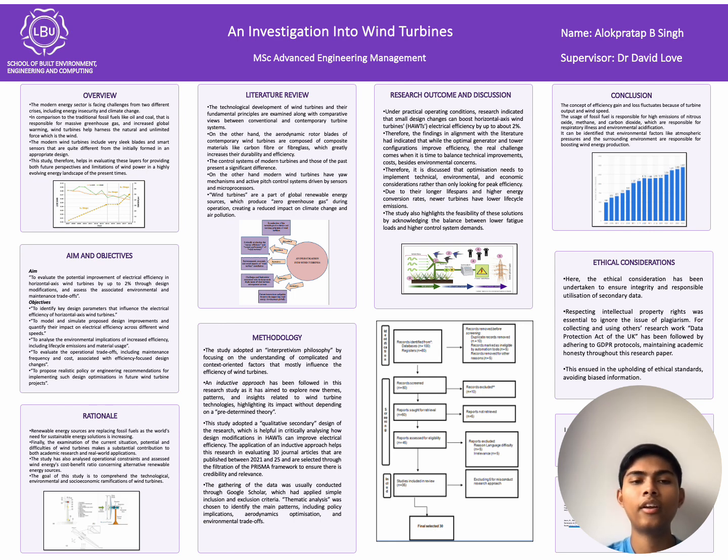Under practical operating conditions, research indicated that small design changes can boost horizontal axis wind turbine electrical efficiency by up to 2%. The research found that the tower height, hub elevation, and generator arrangement affect efficiency the most.